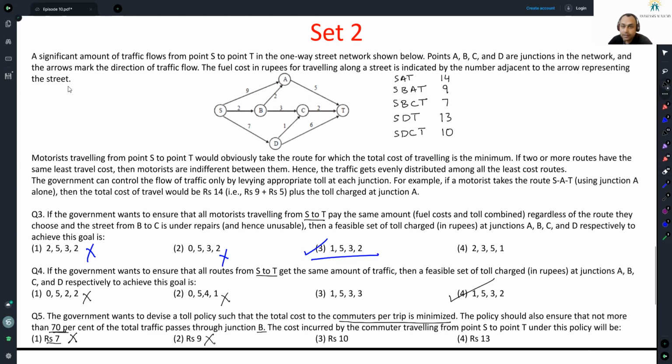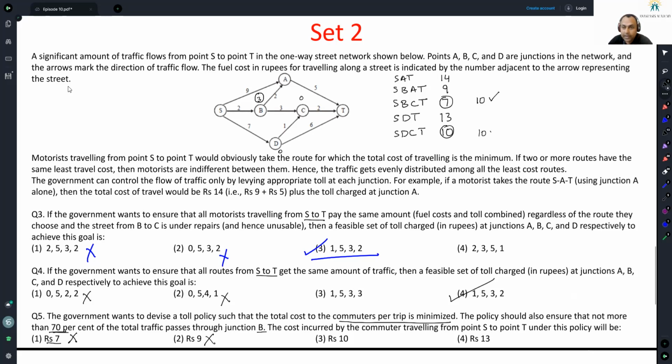Let us look at 10. 10 is interesting because here, if this is 7 and this is 10, and B is only present here. Let's say I implemented a toll of 3 rupees here. This will go up to 10, with a toll of 0 rupees here and a toll of 0 rupees here. This will also be 10.